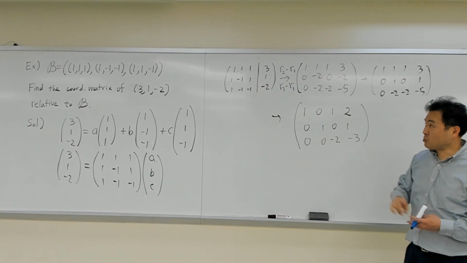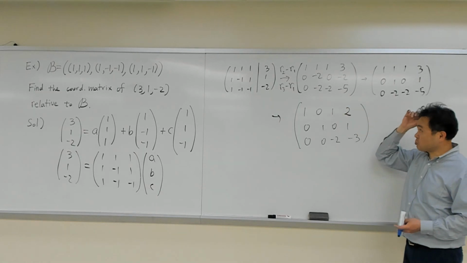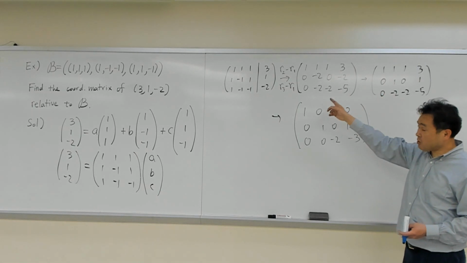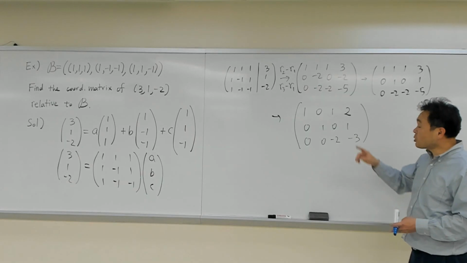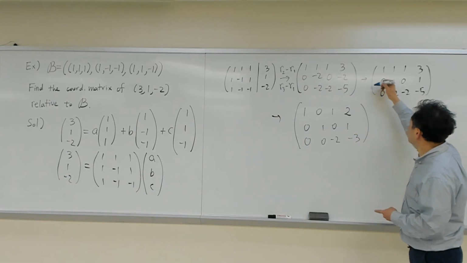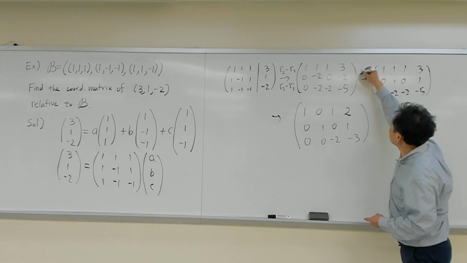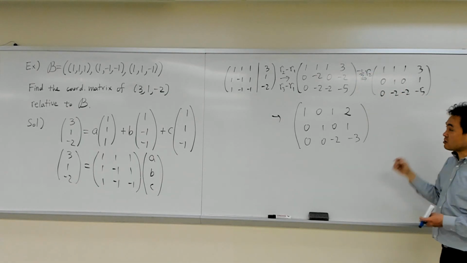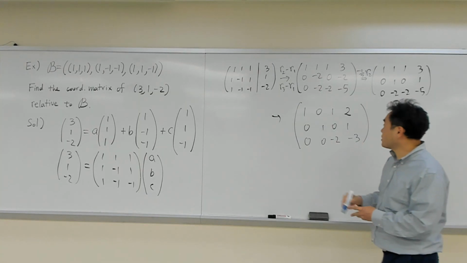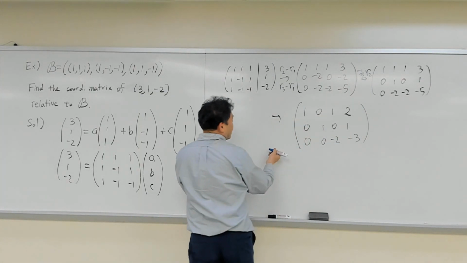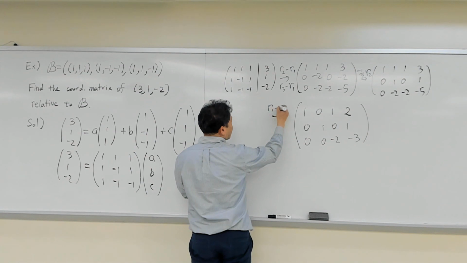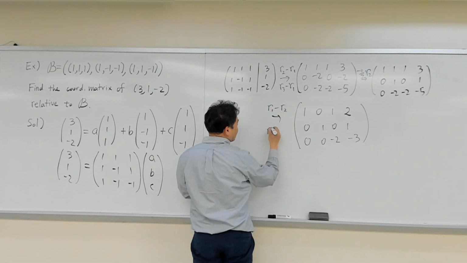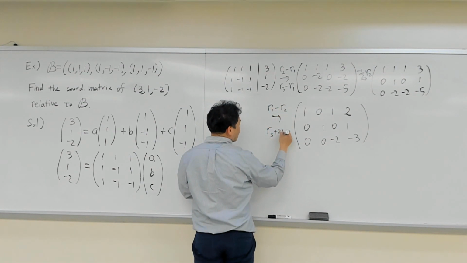I'm replacing row 2 by row 2 minus R1, and row 3 by row 3 minus row 1. Here I'm taking negative half of the second row to get this next one. And then over here I'm replacing R1 by R1 minus R2, and R3 by R3 plus 2R2.